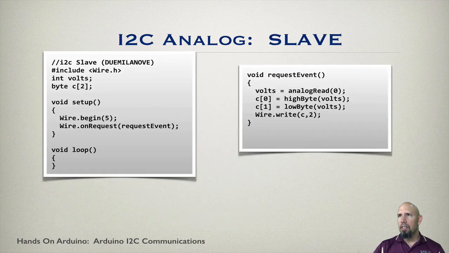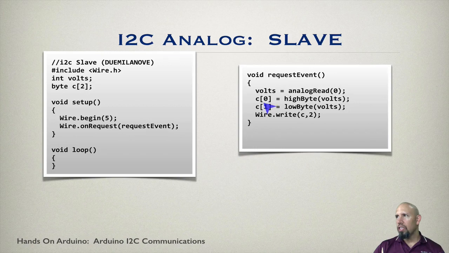The slave is, again, fairly simple. We have basically the same setup and loop programs as we had in the previous example. The difference now is we have our interrupt service routine, our void request event routine. I'm going to read the analog value, analog channel 0. Notice I've defined this byte c having 2 values.